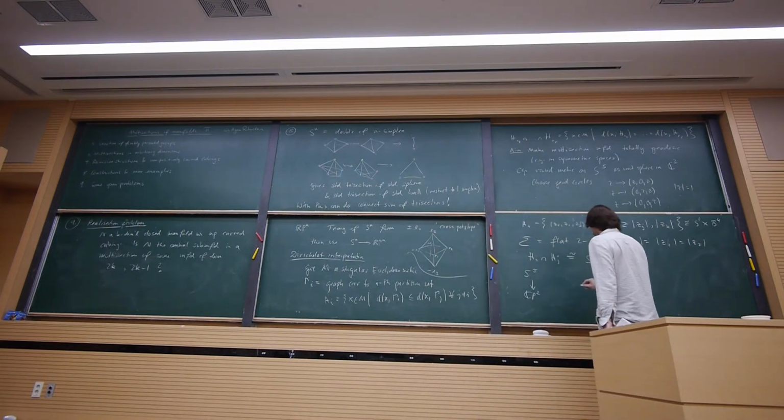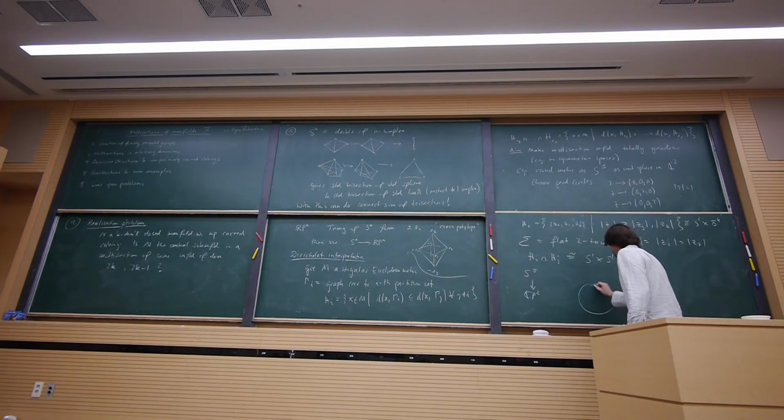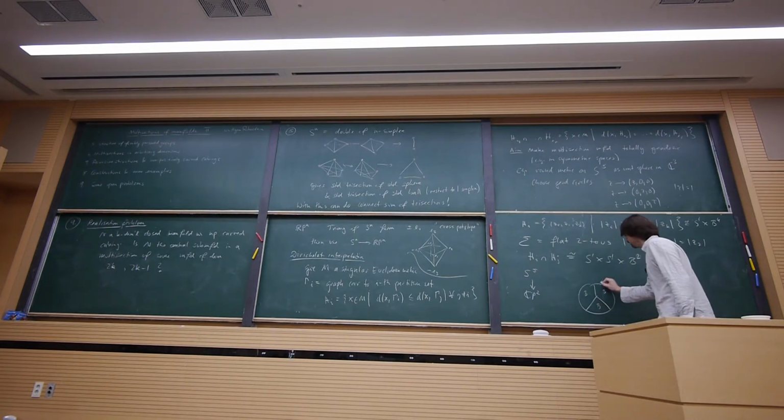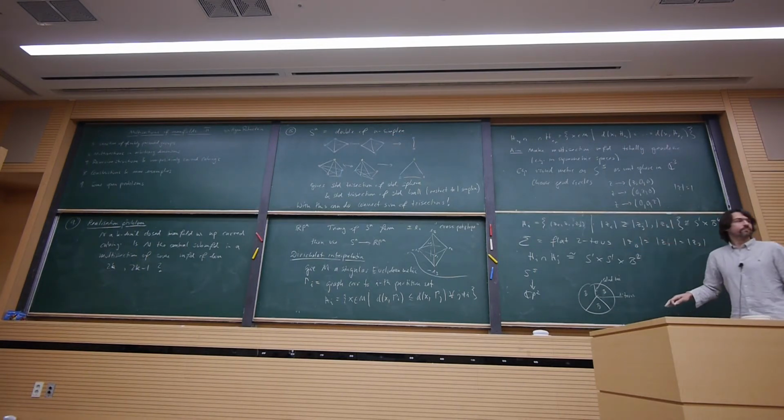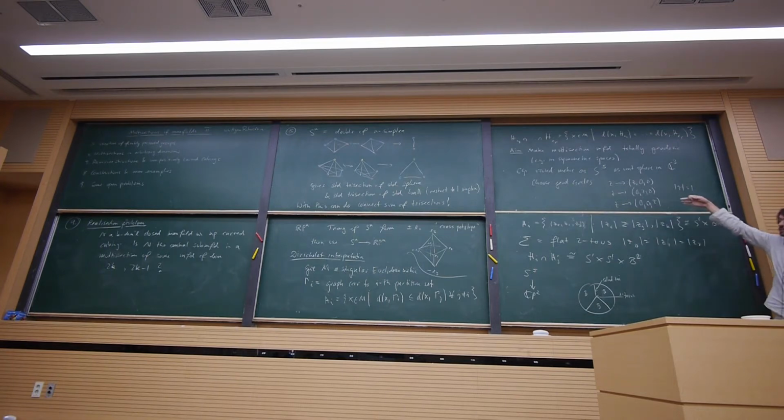So this is just a lift of the thing we had here, where here we had a ball, here we had solid tori, and here we had a two torus. So this is really just the pullback of the standard trisection we had here. And that works in general.